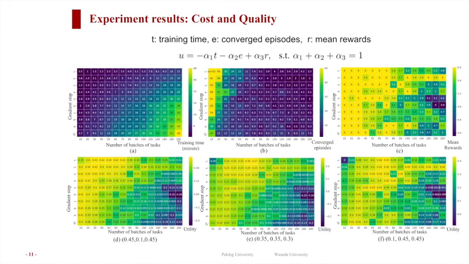We tried to find a perfect trade-off among the training time, converged episodes, and mean rewards. The values after normalization are denoted T. The utility of the SLAS is shown by this function.